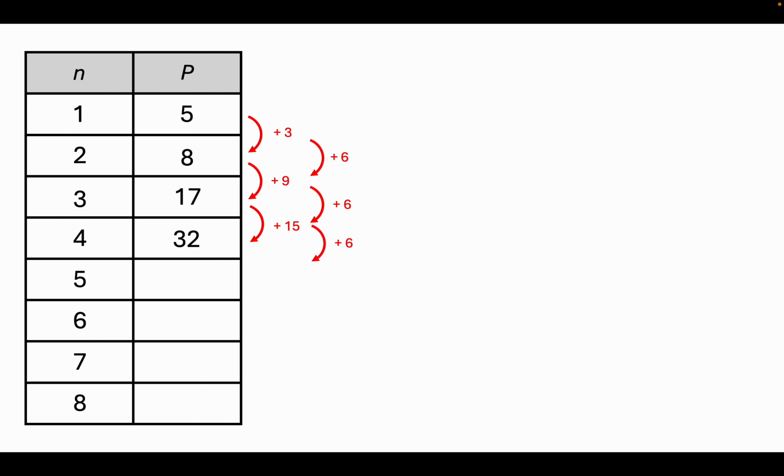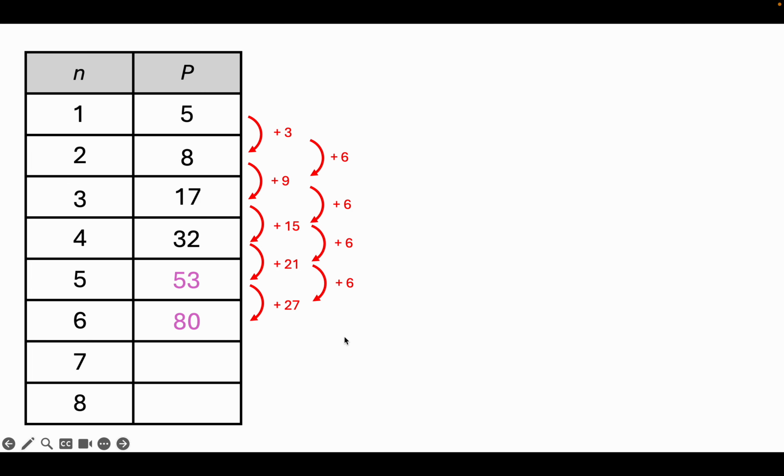in the sequence. So if the next difference is 21, then the next term must be 32 plus 21, 53. The next difference is going to be 6 more, so it's going to be 27. So 53 plus 27 gives me 80.